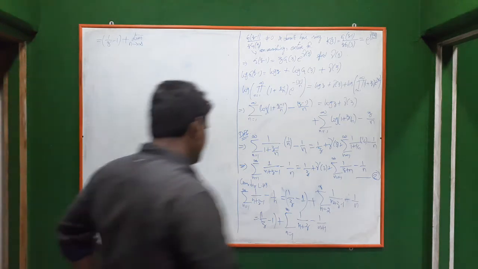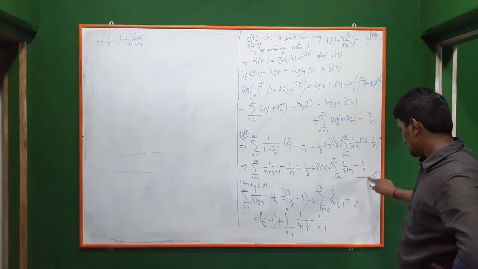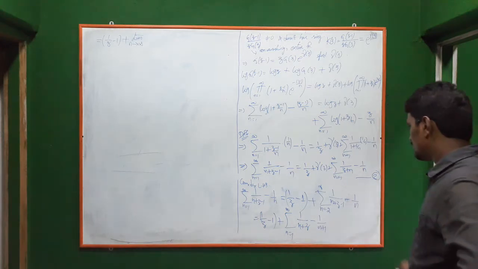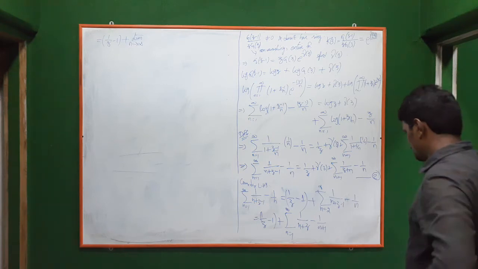So this term comes here, n plus z, 1 by n. Okay.